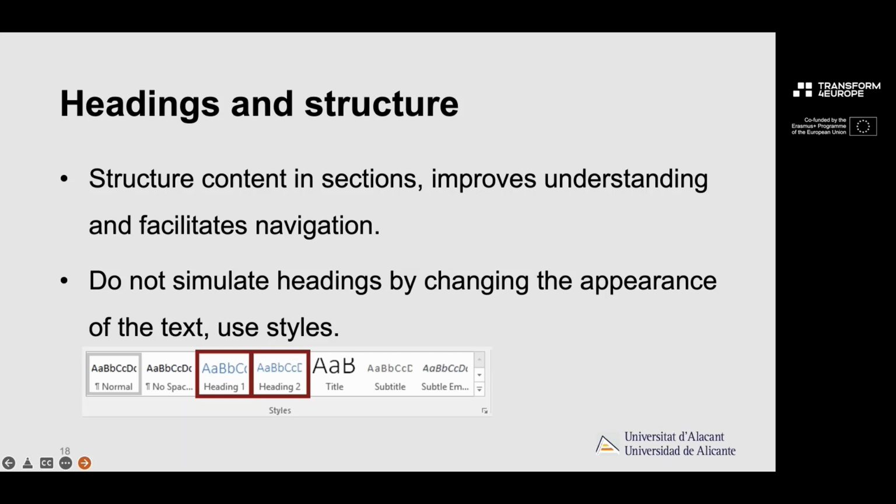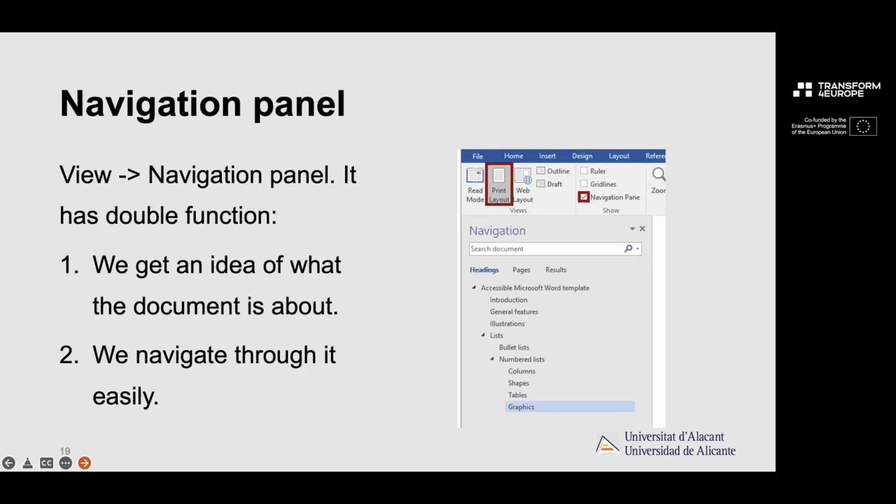Don't simulate headings by changing the appearance of the text. Use styles of the program like Microsoft Word. For example, in Microsoft Word, use Heading 1, Heading 2, Heading 3, etc. styles to mark a heading.